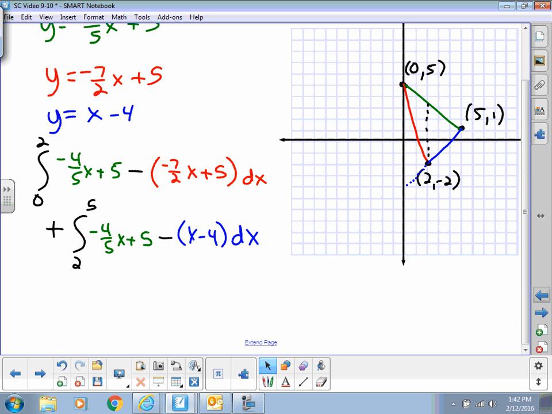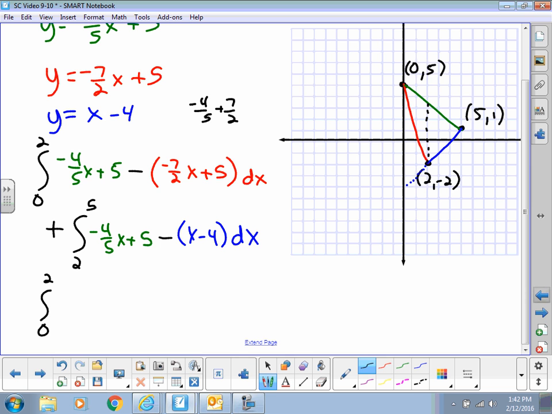So in that top one, if we neaten it up, we'll be 0 to 2. We'll have a 5 minus a 5, really, so that's gone. And we'll really have negative 4/5 x plus 7/2 x. So that's really negative 8/10 plus 35/10, which will give us 27/10 x.